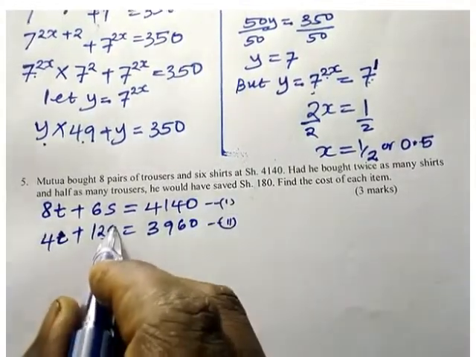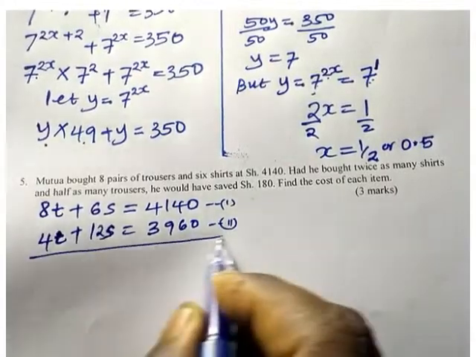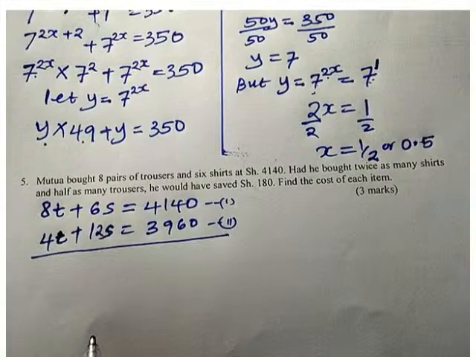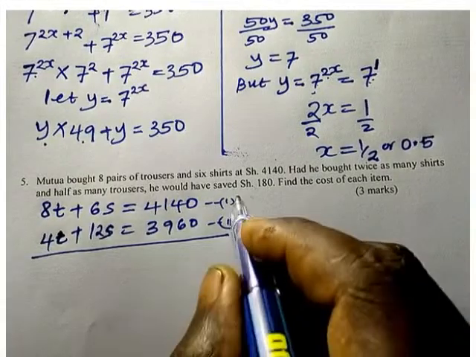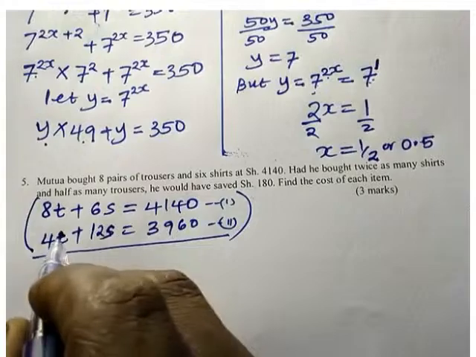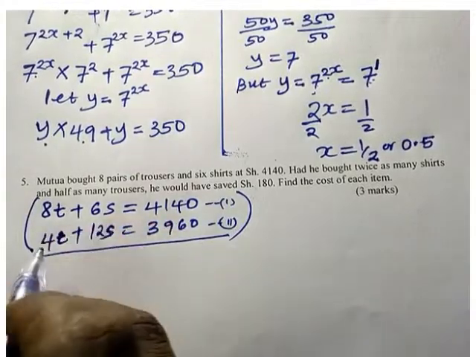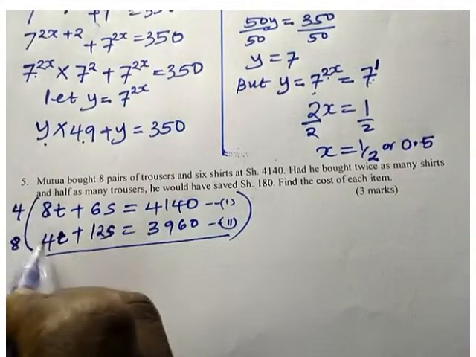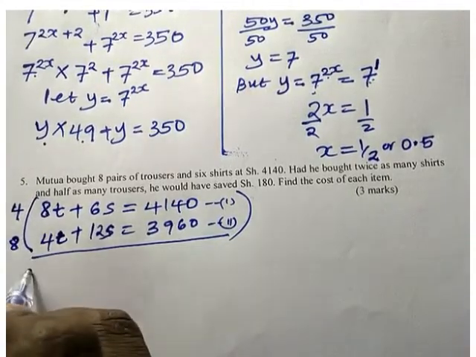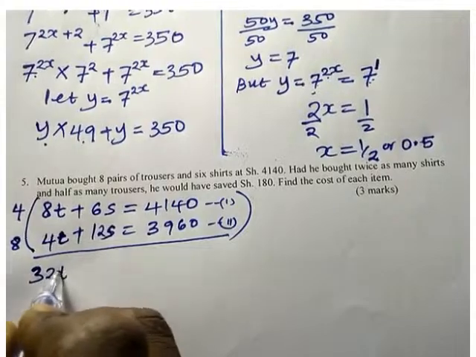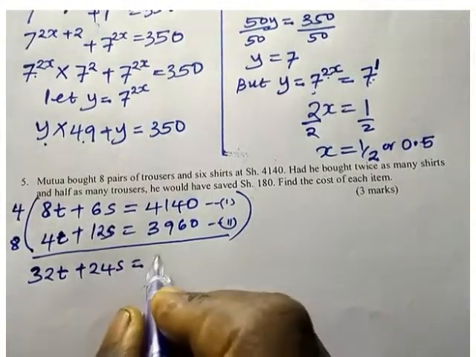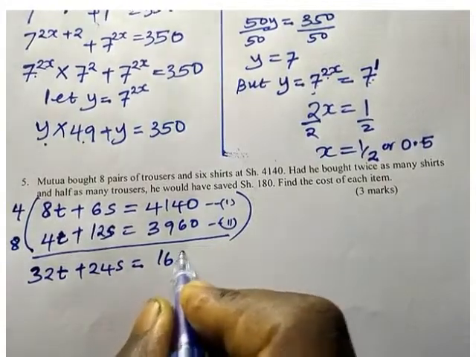So we can now solve this using the elimination method or substitution. Let us use the elimination method, and I want to eliminate T. So I will multiply here times 4 and down here times 8 so that I can eliminate this one. This one is now going to be 32T plus 24S is equal to 16,560.